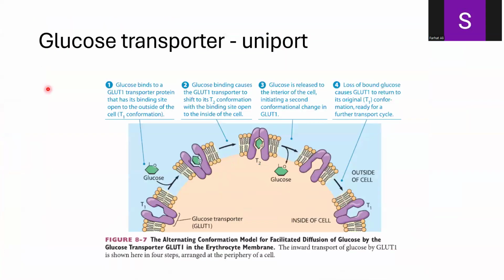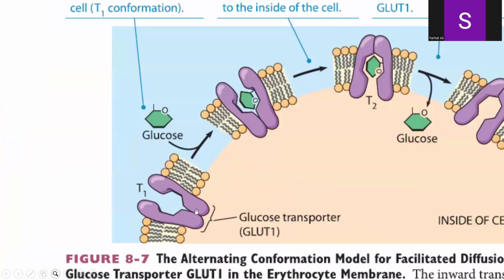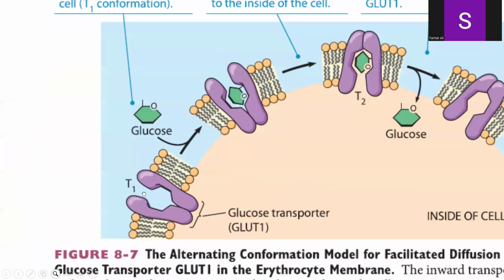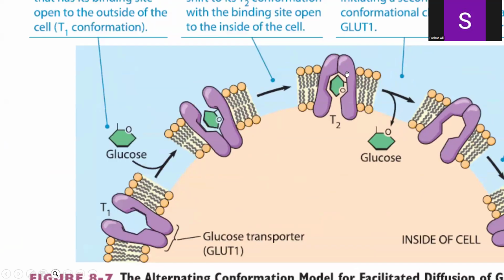Glucose transporter is an example of a uniporter. In purple color, you can see the glucose transporter is represented, and this transporter actually has two different conformations. One conformation is called T1, and the other conformation is called T2 and is represented here.